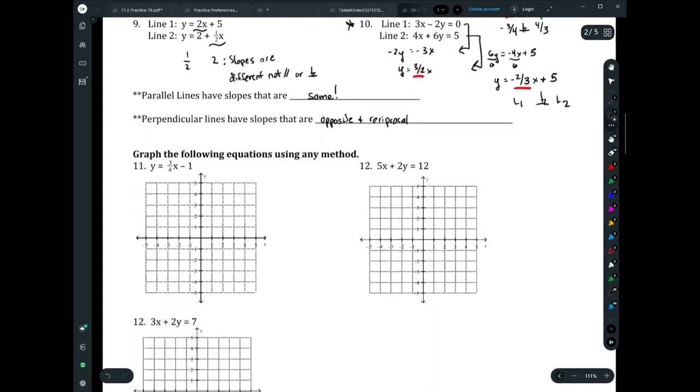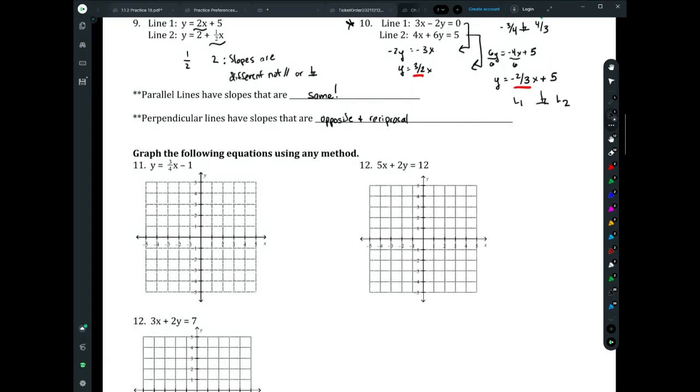Graphing, you can use any method. Calculator is always a great one here. But really, what we have in our first case is we're at -1, and we're going up 3 over 4. And you can connect those with a regular old line.